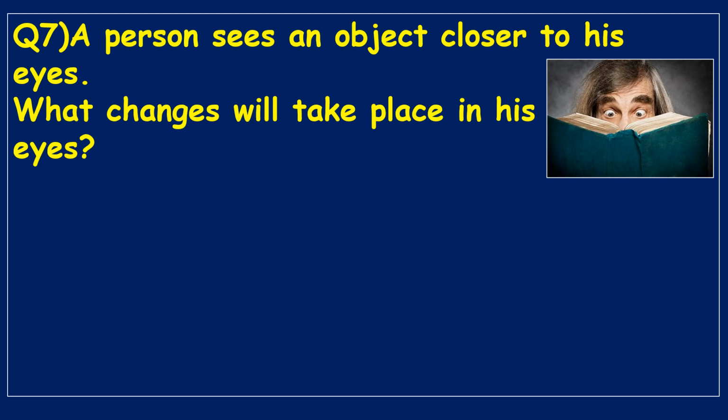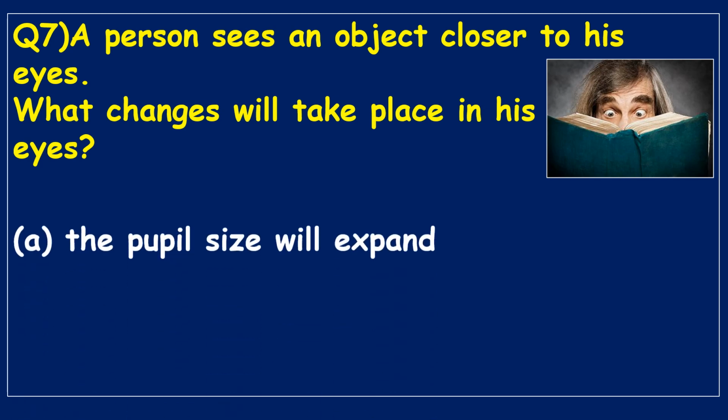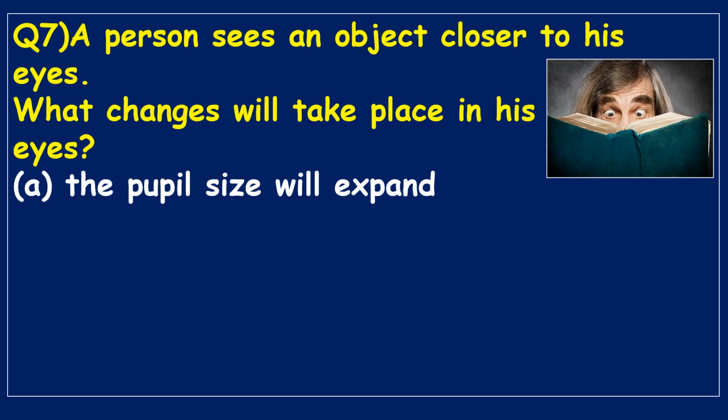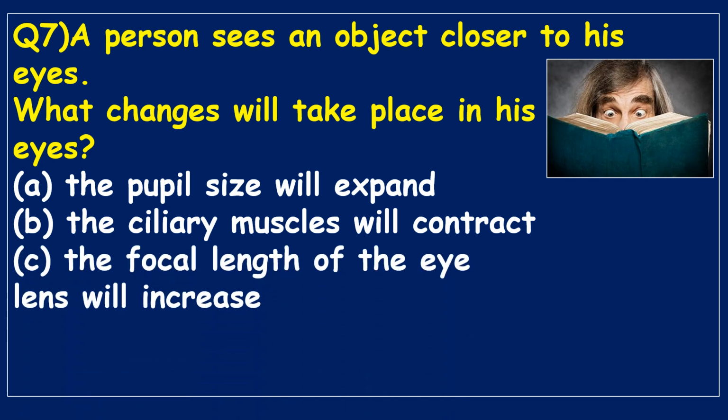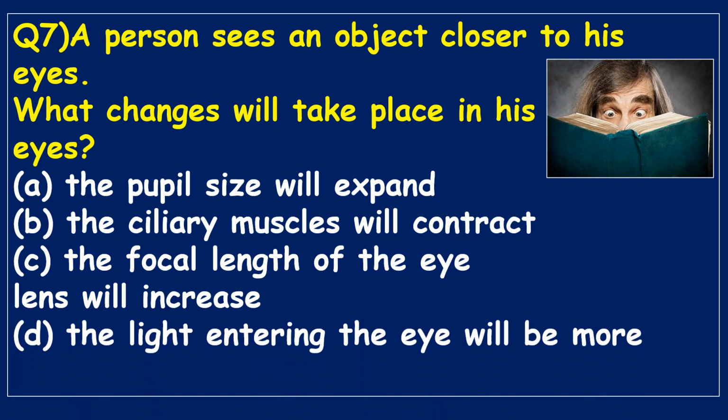Now, what are the changes that will take place during this activity? Your answer options. The pupil size will expand, the ciliary muscles will contract, the focal length of the eye lens will increase, the light entering the eye will be more.